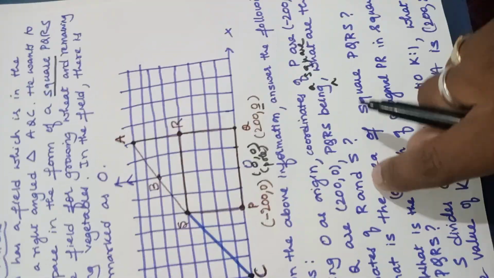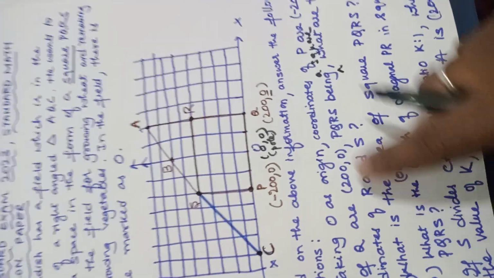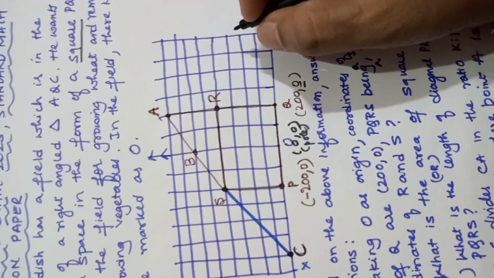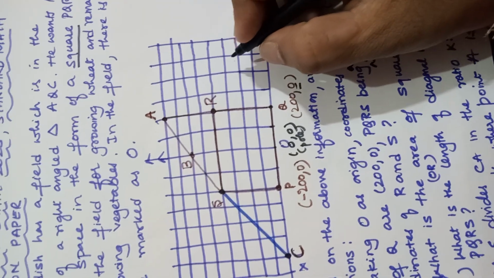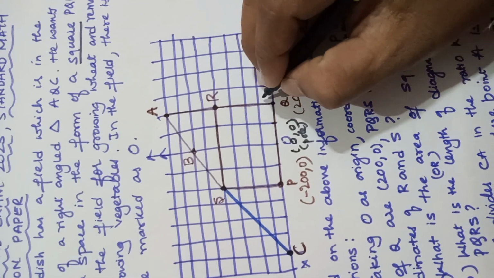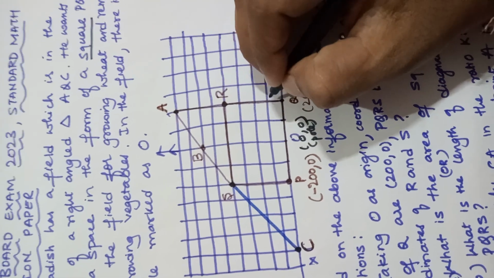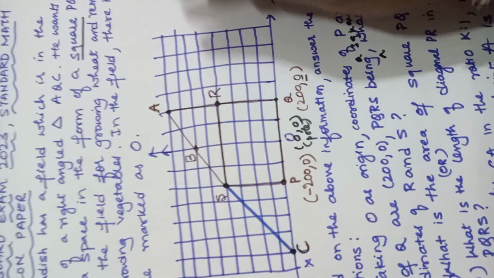Now we are supposed to tell what are the coordinates of R and S. For that, we just need to know what is the value of 1 unit here in a vertical direction.